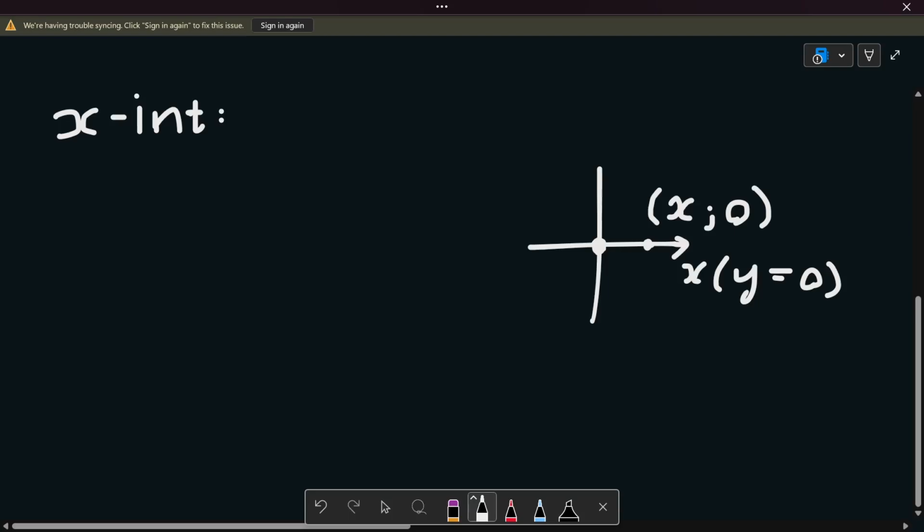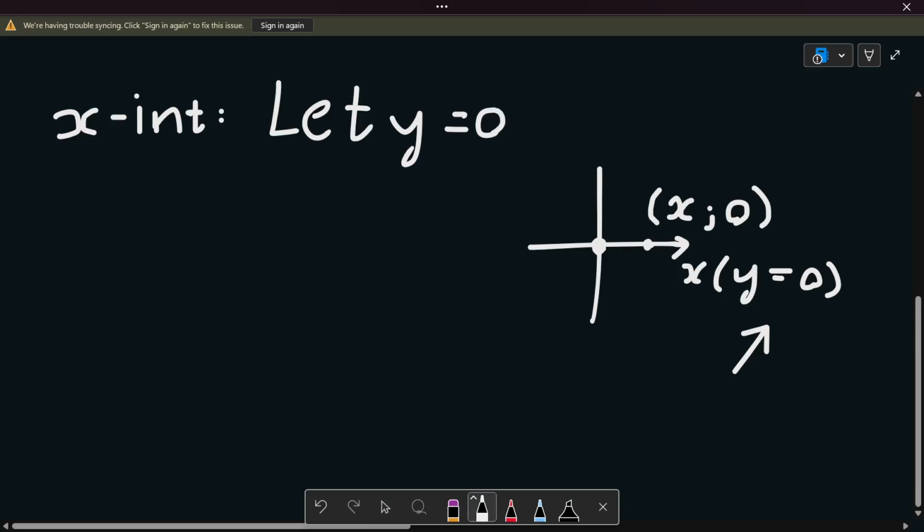And the whole point of functions is to find an input. We input that value into the equation and we get a certain output. So in this case, our x-intercept is where we let y equal 0. Therefore, we're going to start off by saying let y equal 0.